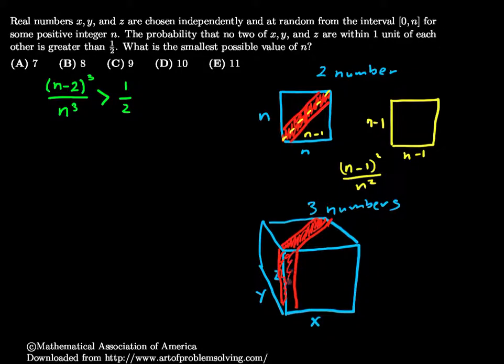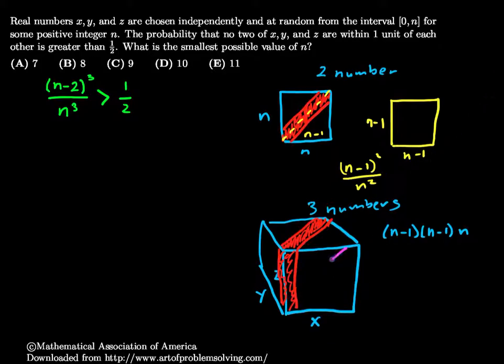So from that, if I collapse this down, but I'm not going to collapse it to the end, we're left with an n minus 1 by n minus 1 by n rectangular prism. And that took care of x and y. Let's take care of x and z next. Same process.